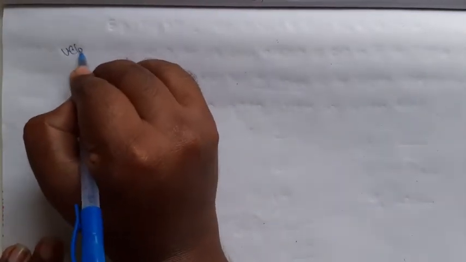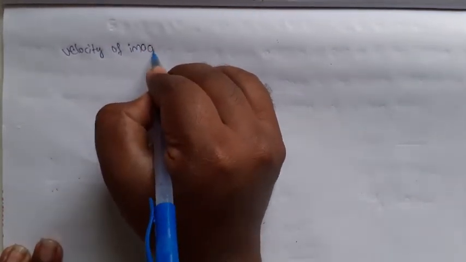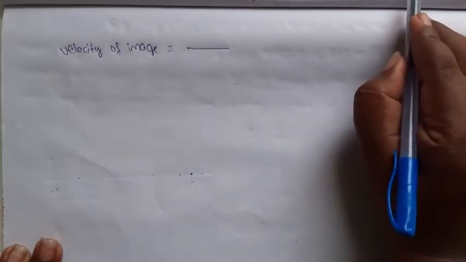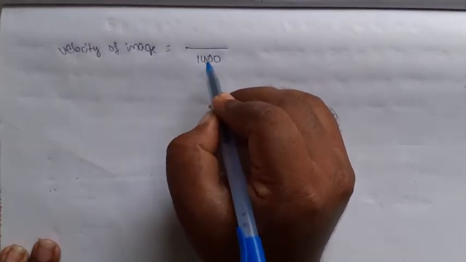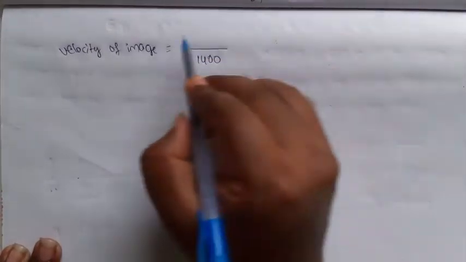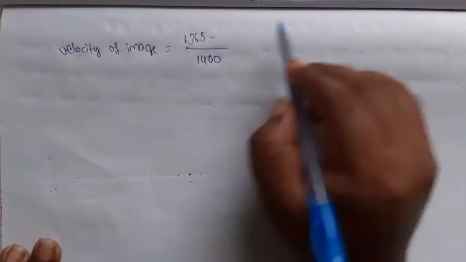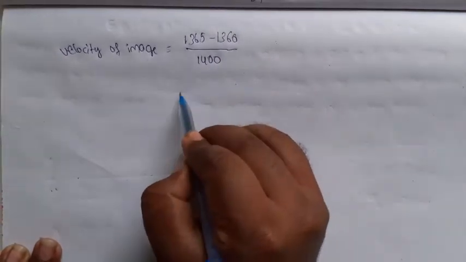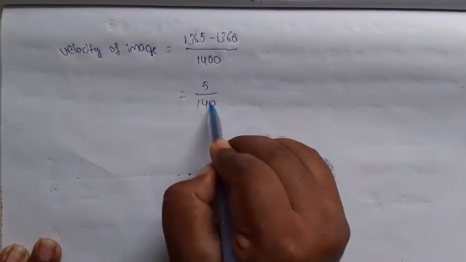So velocity of image equal to, here LCM 40 into 35, 1400. So here 1365 minus here 1360. Subtract, 5 by 1400.